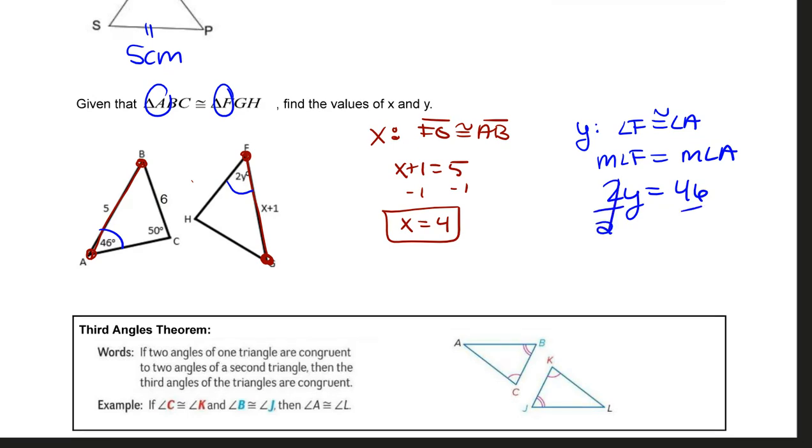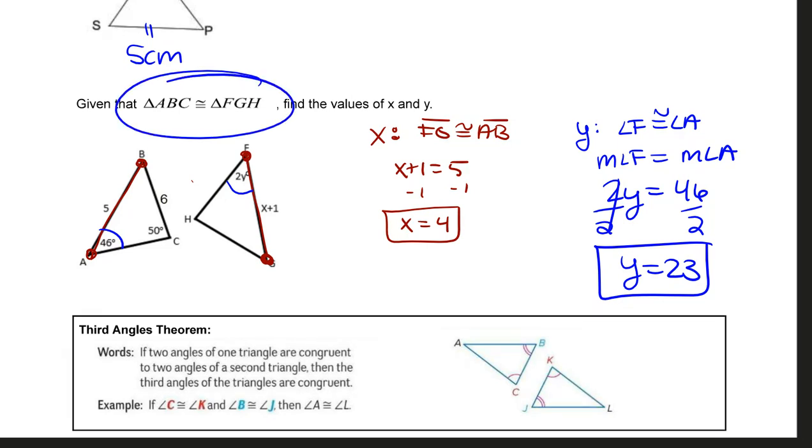Solve this one-step equation, and y is equal to 23. So again, we couldn't finish this problem without using this statement. So if that statement is given to you, you have to use it. There's a reason why I give it to you.